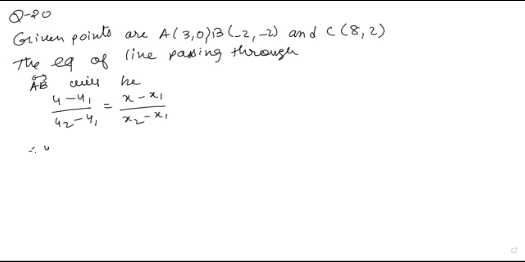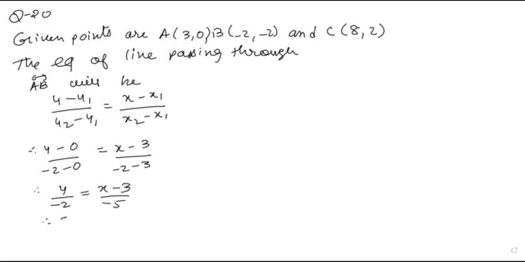And the points I will consider will be A and B. So y1 will be 0, y2 minus y1 will be minus 2 minus 0, x minus x1 will be x minus 3 upon x2 minus x1. Therefore y upon minus 2 is equal to x minus 3 upon minus 5. So 5y is equal to 2x minus 6, or 2x minus 5y is equal to 6. This is the equation of line AB.